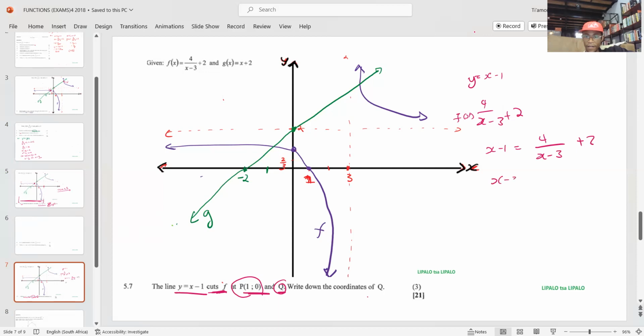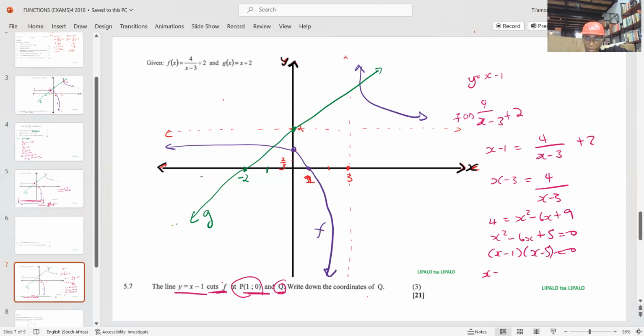Then I have x minus 3 equal to 4 over x minus 3. So 4 equals x squared minus 6x plus 9. So x squared minus 6x plus 5 equals 0. (x minus 1)(x minus 5).